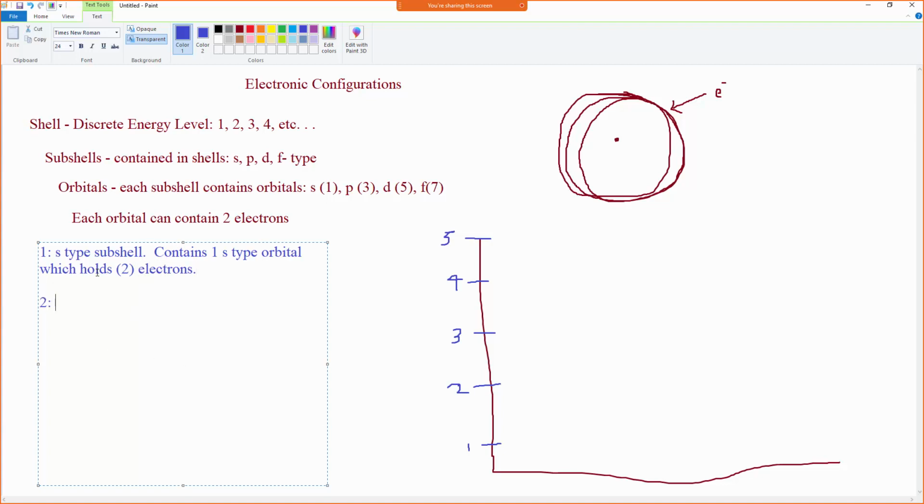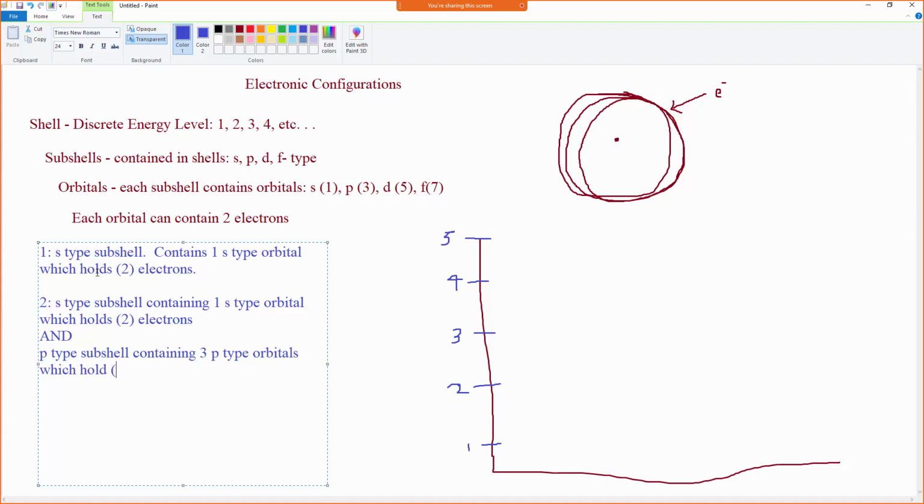Whereas in level 2, we have an S-type subshell, again, a new one, a level 2S-type subshell, containing a single S-type orbital, which holds 2 electrons. And we also now have a P-type subshell, which contains 3 P-type orbitals, which hold a total of 6 electrons because there's 2 electrons each.